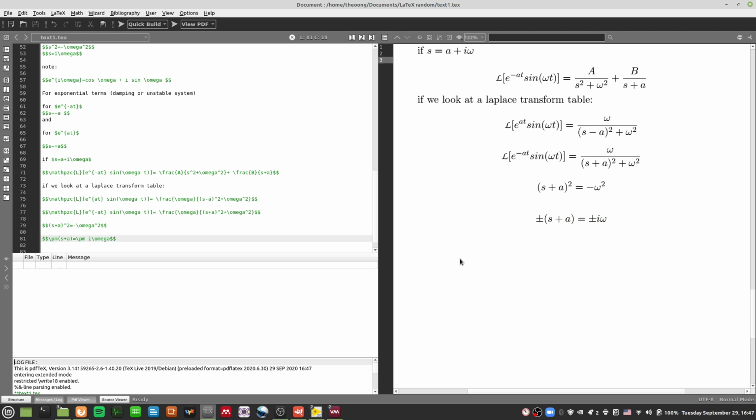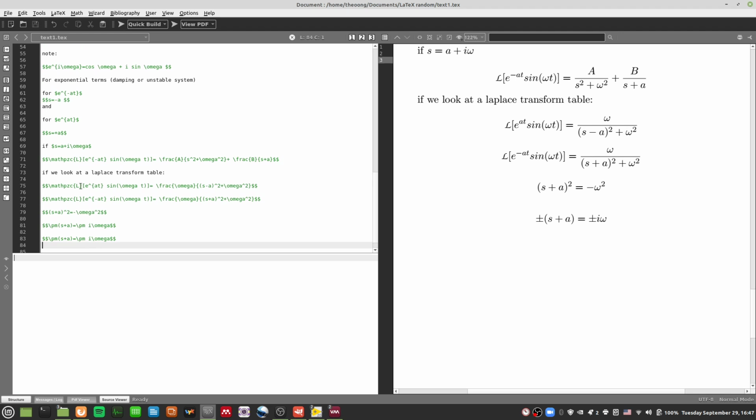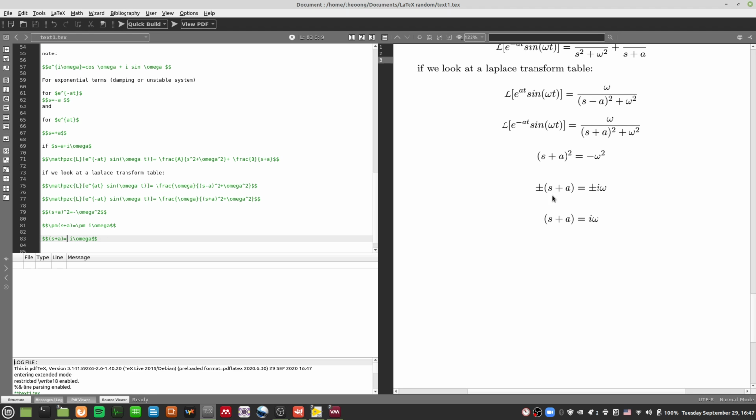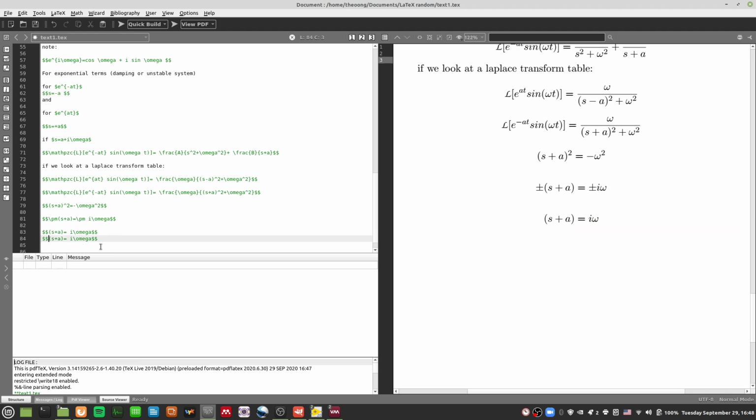Now the plus minus is kind of redundant here. I will just put s plus a equals to some i omega, right? So what happens? Okay, so s will be equals to i omega minus a.